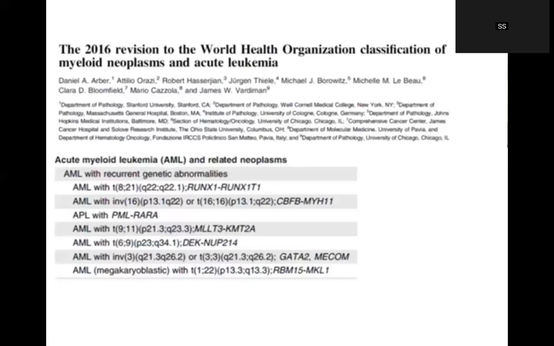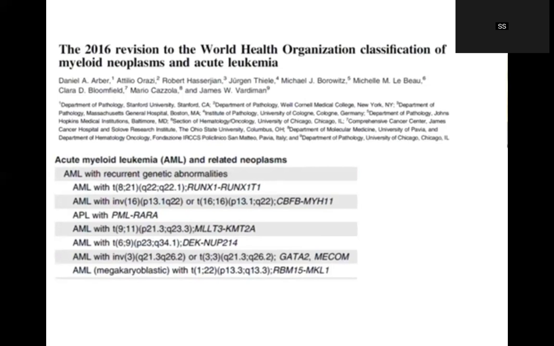Then special stains like iron stain, reticulin stain, differential count, and myeloperoxidase, then flow cytometry and cytogenetics. All these play together to give the diagnosis along with the cytogenetic abnormalities, to decide treatment and know the prognosis of the patient diagnosed with acute myeloid leukemia.